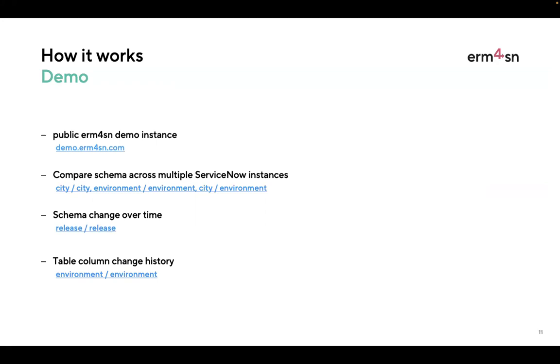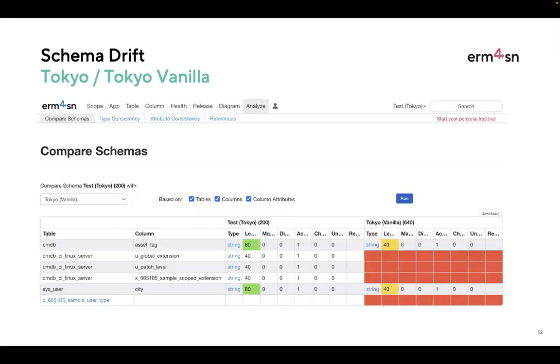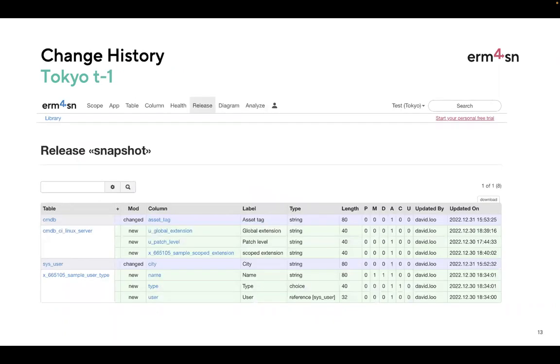It depends on what data has been loaded into ERM4SN. Then we can see this also over time. So we have this release feature, and we see the change history on the table column as well. Here as a screenshot again, for documentation purposes: the schema comparison and the snapshot releases.